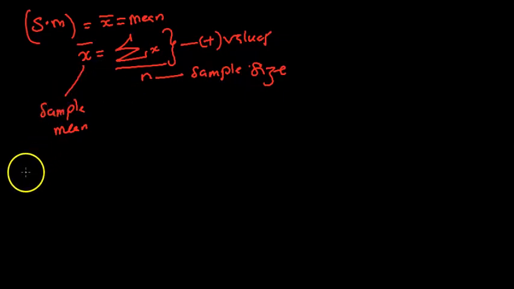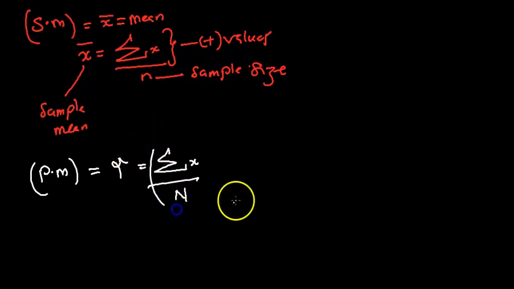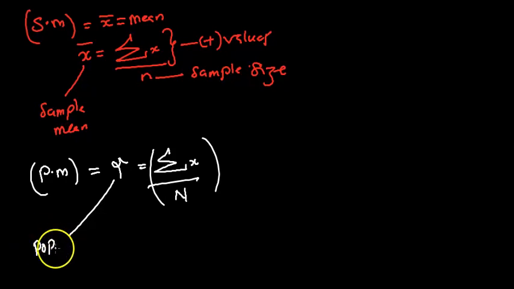Next we have the population mean. Population mean is denoted by mu, which is going to be the summation of X divided by N. If you notice, this N is capital, not like the first one. This is what we call the population mean, that is, if we are dealing with people.